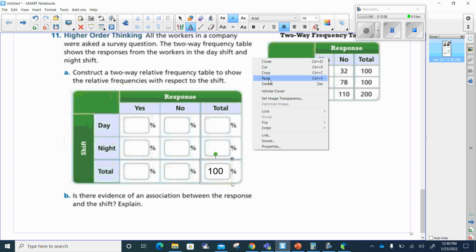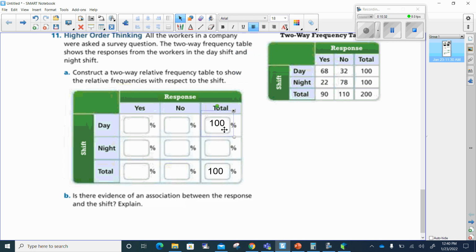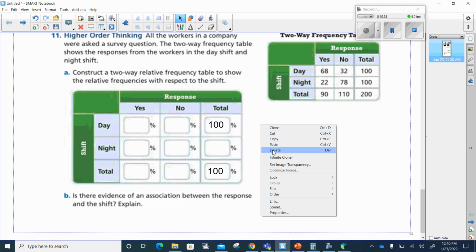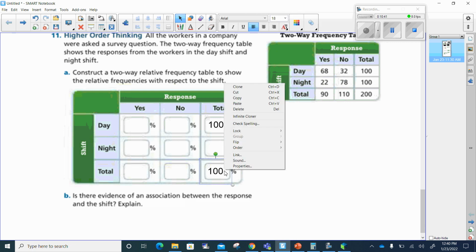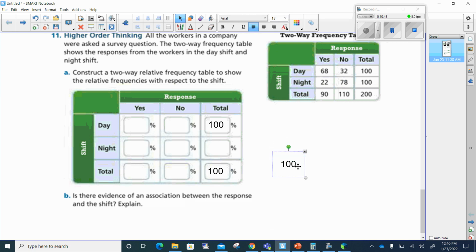Let's try that now. There we go. So this is going to be 100. This is also going to be 100.